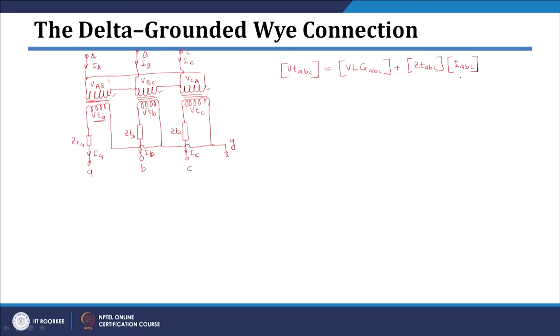This includes all 3 currents, IA, IB and IC on the secondary side. VTABC includes all the terminal voltages, VTA, VTB, VTC, as a column. VLG ABC represents all the voltages on the secondary side, basically VAG, VBG and VCG with respect to ground, the neutral connection. Since the neutral is grounded, I am using the G term here.